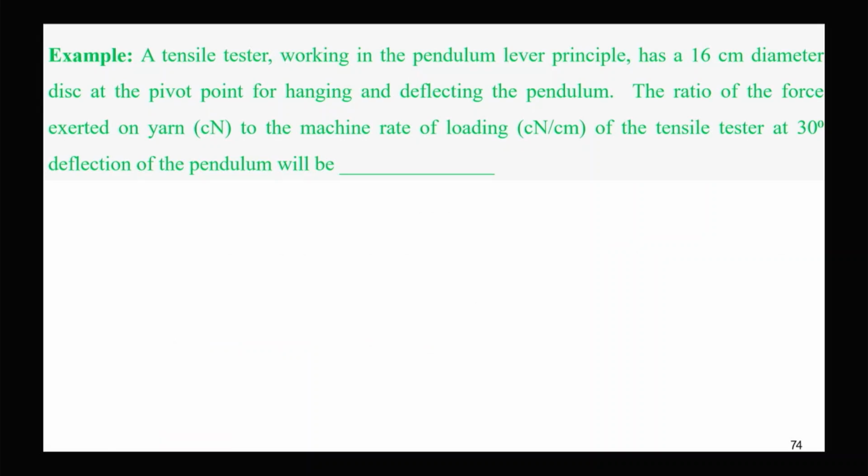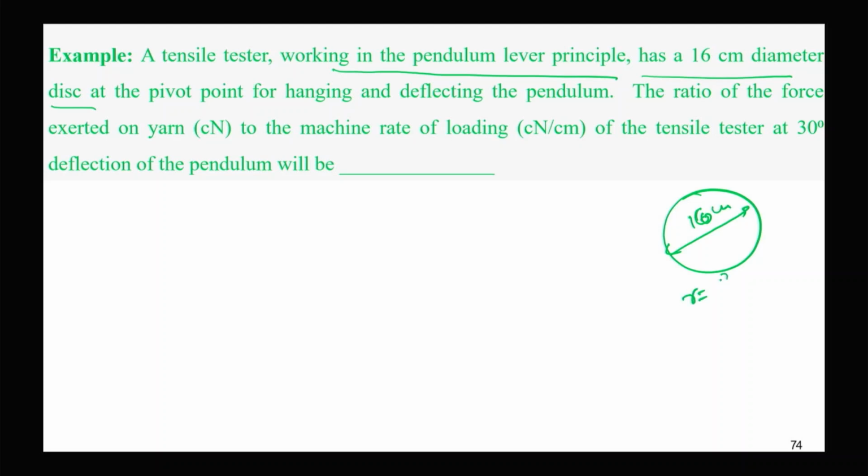Now try to solve this numerical. A tensile tester working on the pendulum lever principle has a 16 centimeter disc diameter. So diameter of disc is 16 centimeter, so R will be 8 centimeter radius.